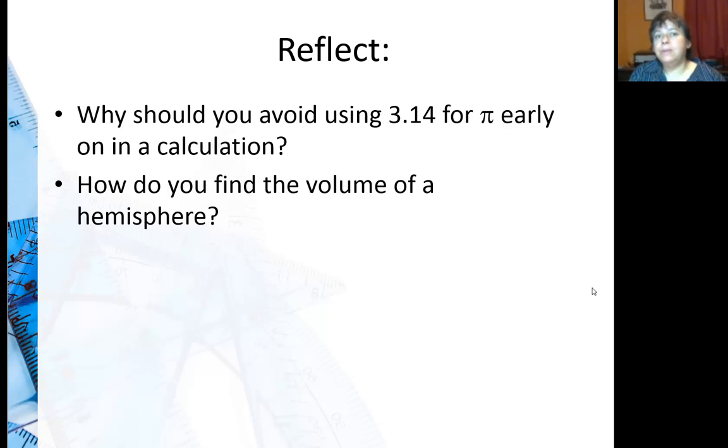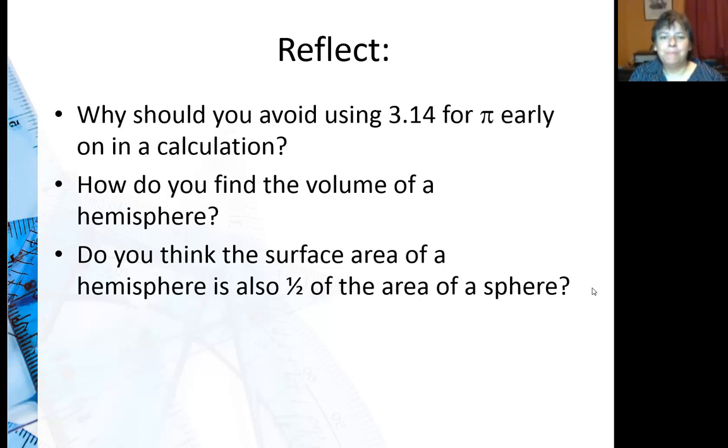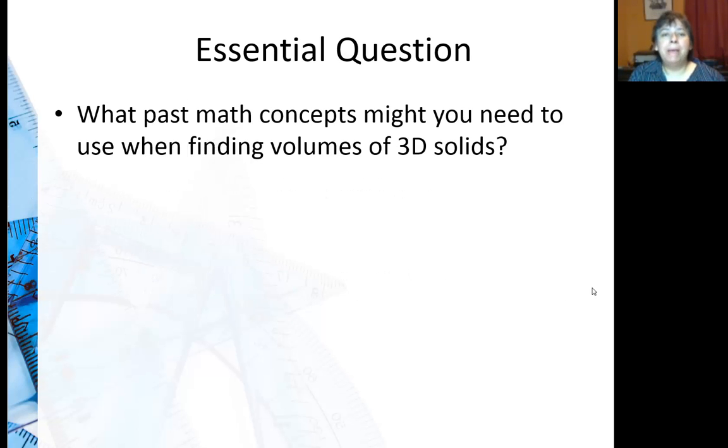A hemisphere is half a sphere, so just take half the volume of a sphere. Do you think the surface area of a hemisphere is also half of the area of a sphere? That's a question for you to think about. And what past math concepts might you need to use when finding volumes of 3D solids? I'm thinking here more in terms of cones and pyramids.